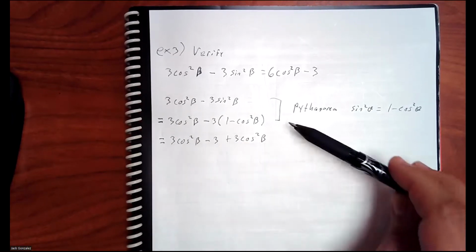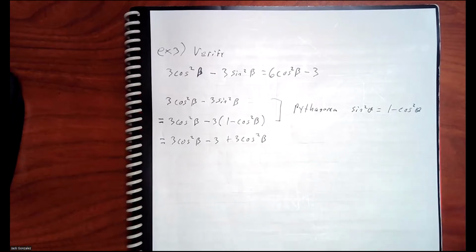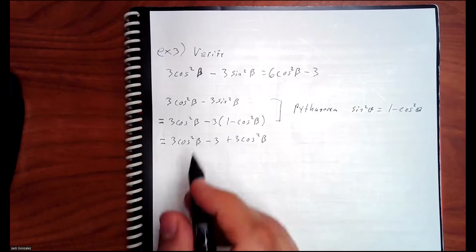Okay, so you guys still with me up to here? It's okay. So 3 cosine plus 3 cosine, that's going to be 6, right?